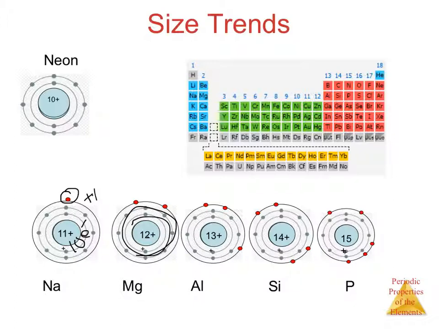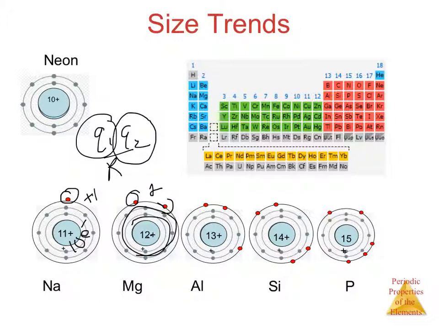My shielding stays the same, and I'm increasing the number of electrons out here. So now I have an effective nuclear charge of 2 plus 2 electrons. If you think about Coulomb's law, Q1 Q2 over R, R is essentially the same distance for magnesium as it is for sodium, but I have doubled Q1 and Q2, so I'm significantly increasing the attraction these electrons have for the nucleus, causing them to be pulled in.